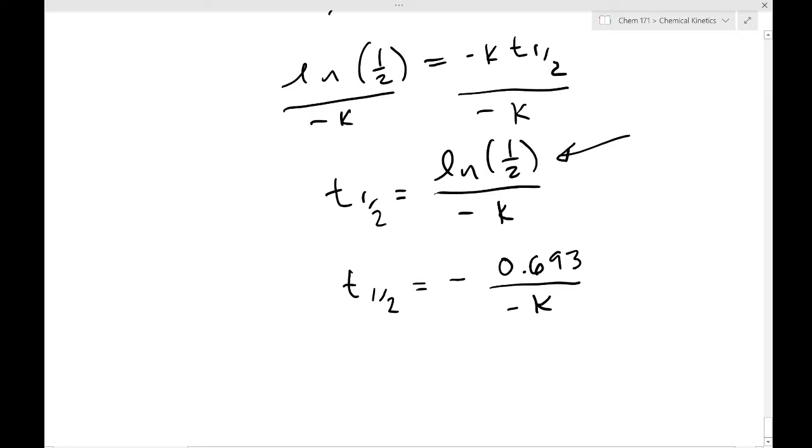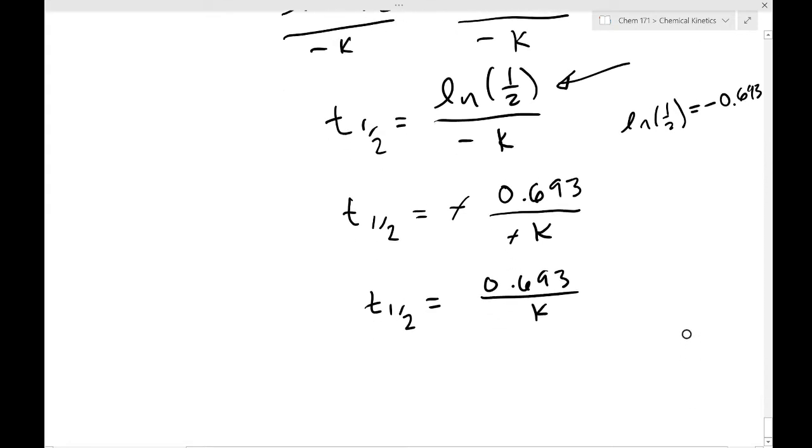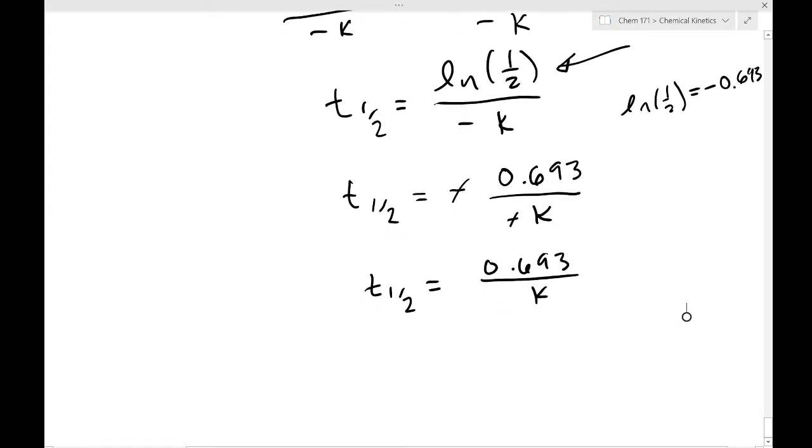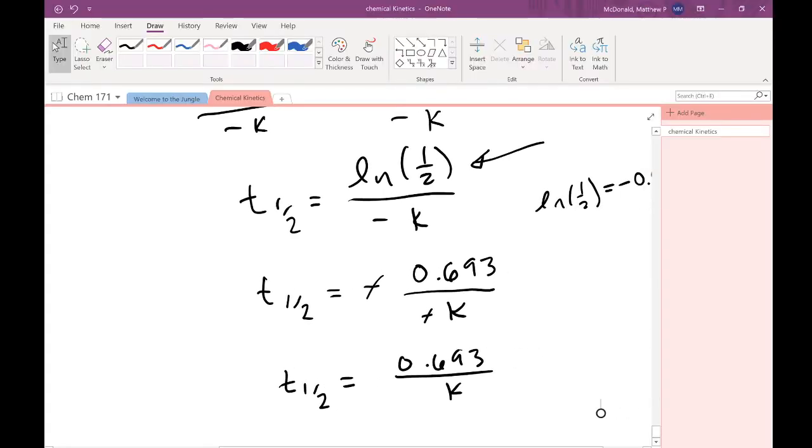Let me write that explicitly because that was a little confusing: ln of 1/2 is equal to negative 0.693. Then I plug that back in here. I have a negative over a negative, and so we end up with t1/2 is equal to 0.693 divided by k. This is the half-life for a first order reaction.